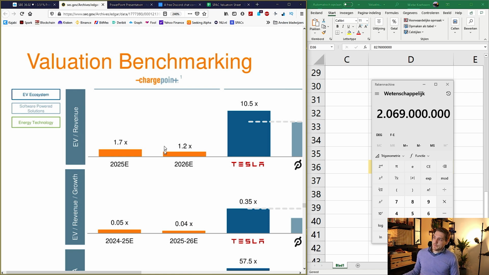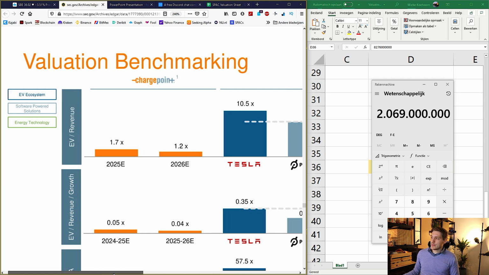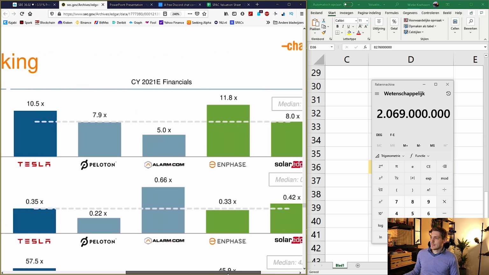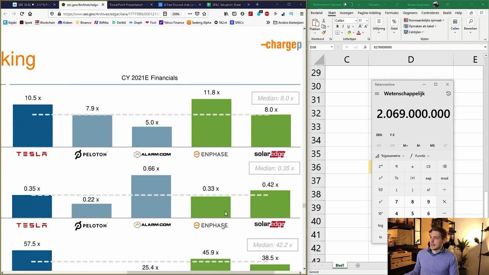Now, as we can see, ChargePoint says that they're going to have an EV to revenue multiple of 1.2 in 2026. If we go a little bit to the right, and let's zoom out a little bit so you can see all the companies, you can see that they have compared themselves with other companies out there: Tesla, Peloton, Alarm.com, Enphase, and SolarEdge.